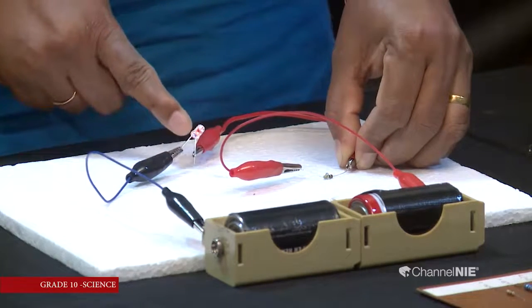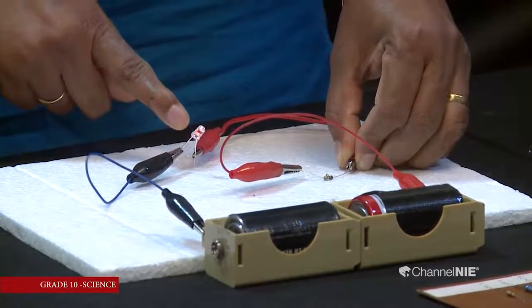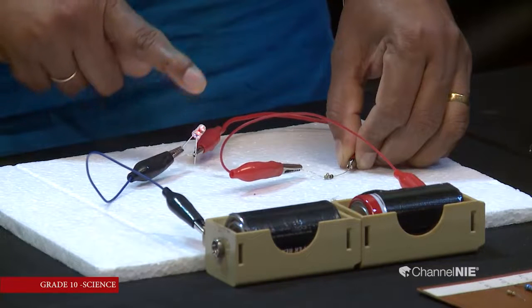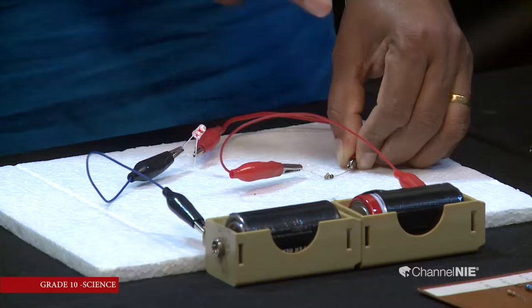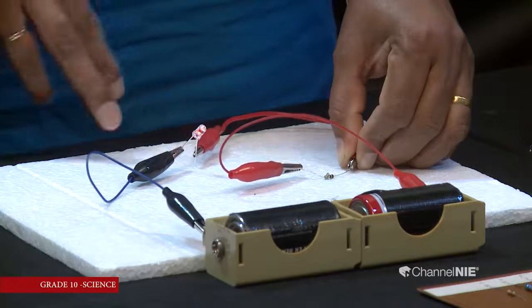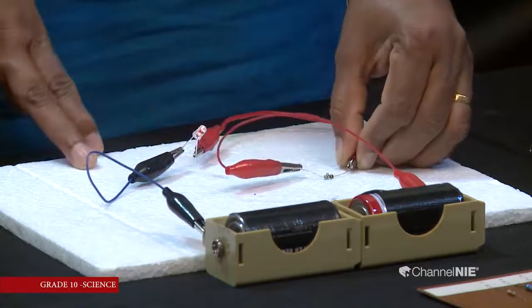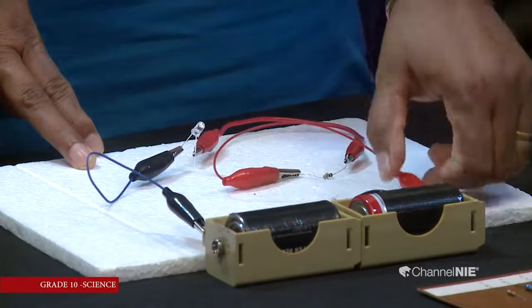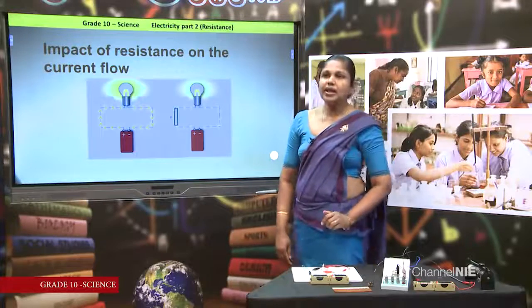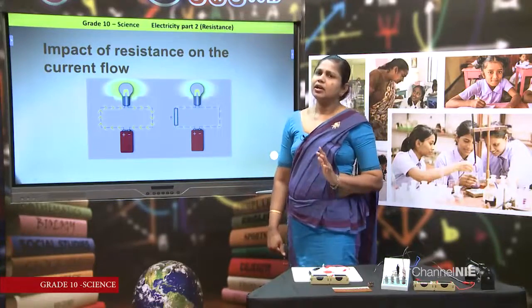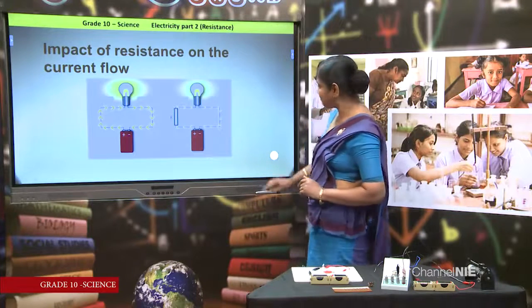See, children, the brightness of the bulb has decreased a lot. That's because of the resistor. When a resistor is connected to a circuit, resistance is provided to the circuit, then the current flow decreases. We'll learn more about resistance, children, right?